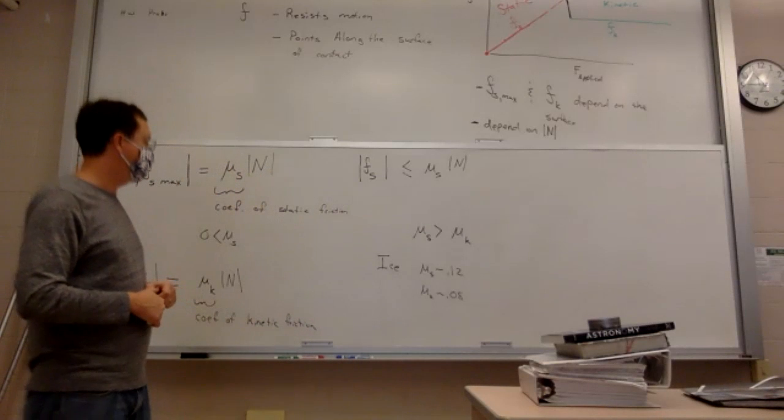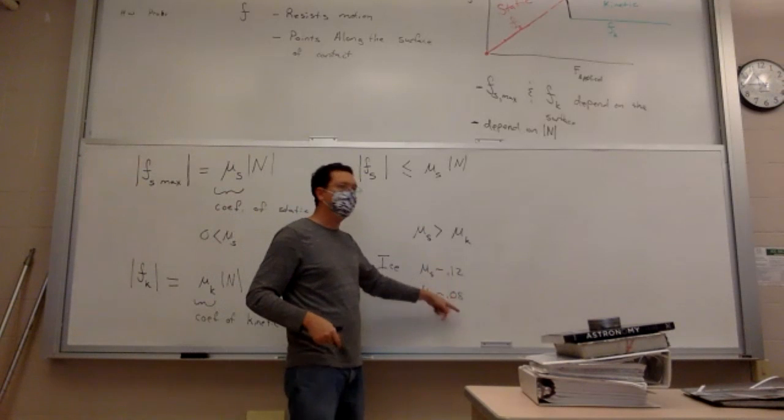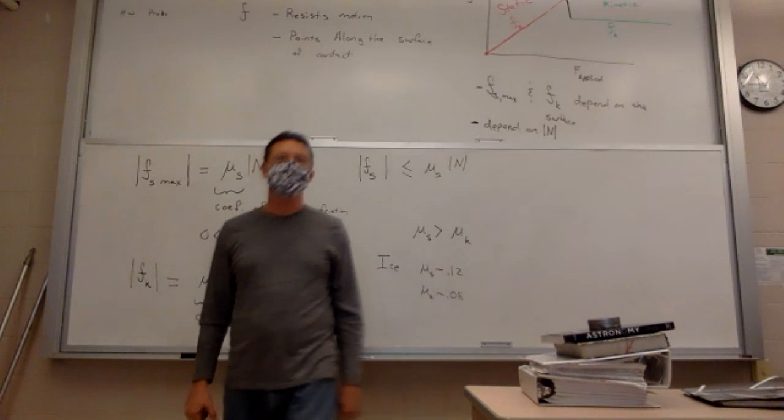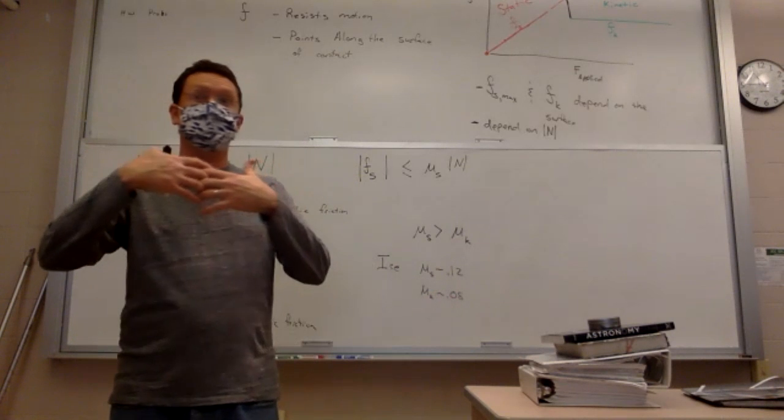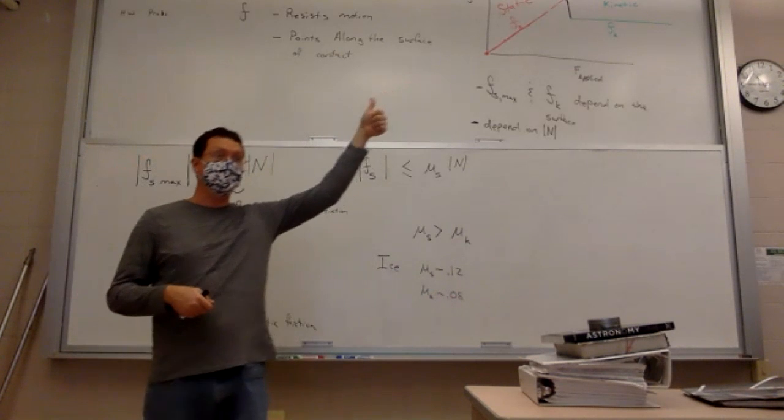So it's about a third less. I think that's pretty typical. Aluminum has a lot of friction. So mu sub S is about 0.5.